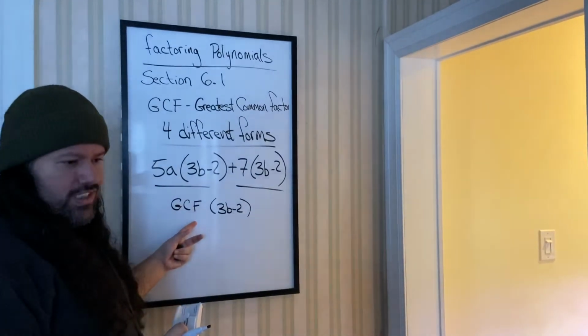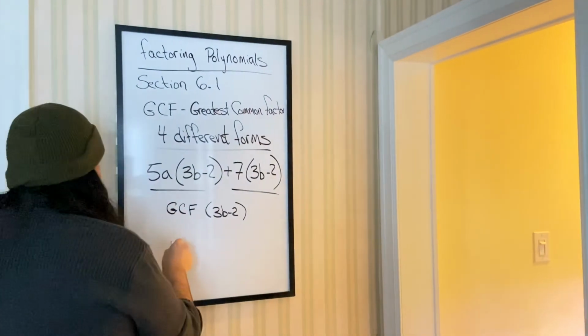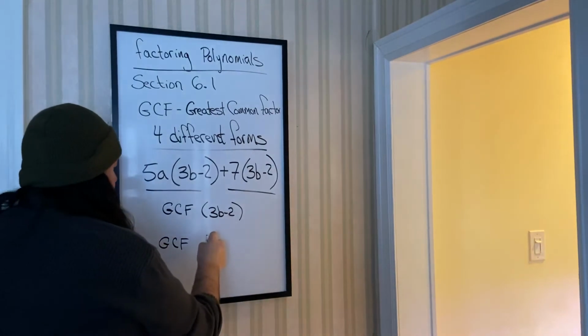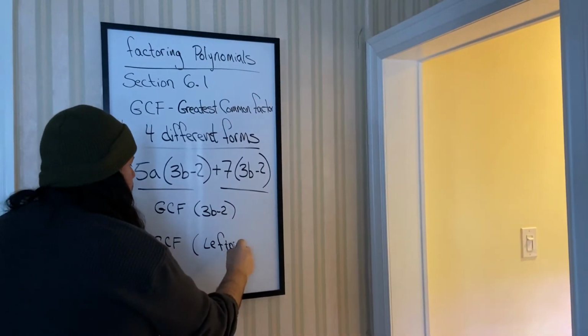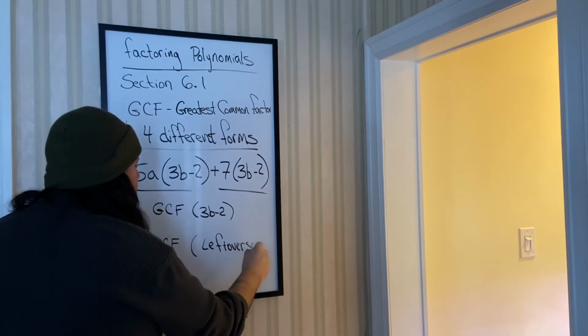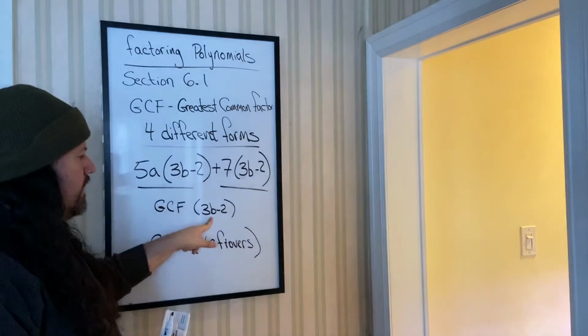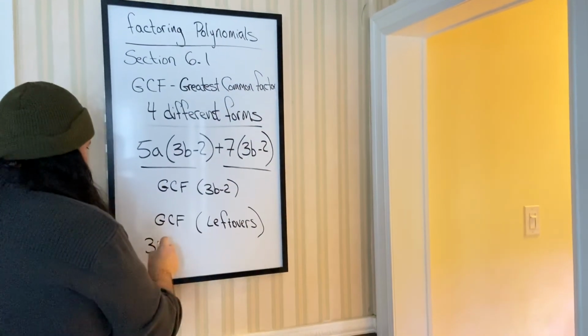Once we find our GCF, we're going to have to rearrange our answer so that we have a GCF in front, and then our leftovers will be in the set of parentheses. Since we know our GCF is 3b minus 2, the matching set of parentheses, we can put that here.